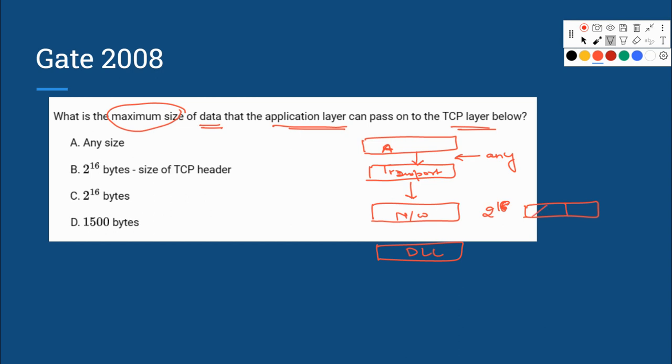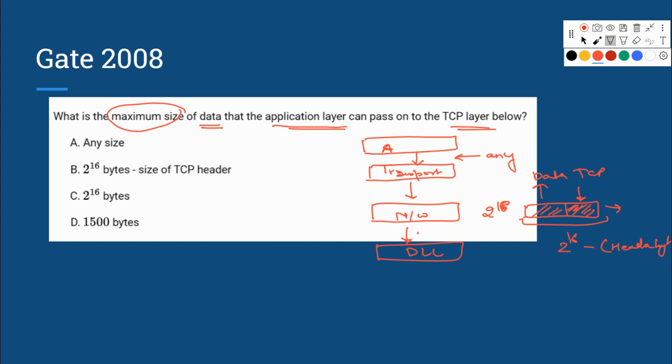It consists of your complete payload and your TCP header as well. TCP header plus data is the payload for the network layer protocol. So the total size is 2 raised to the 16 minus some header length.